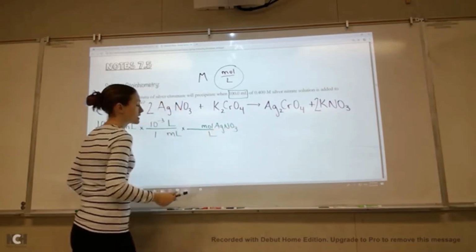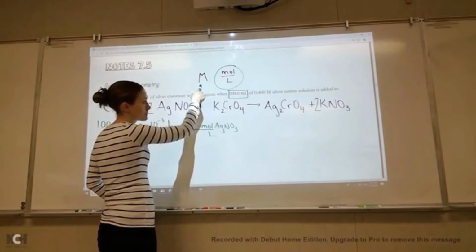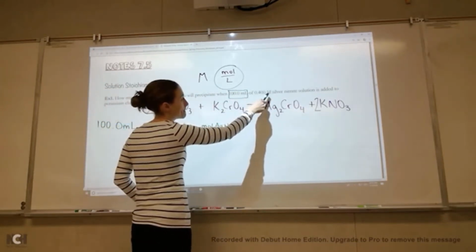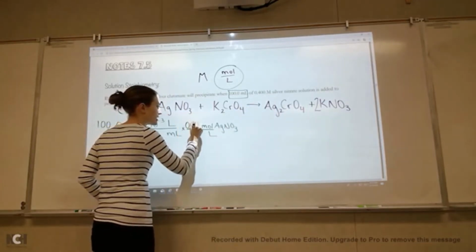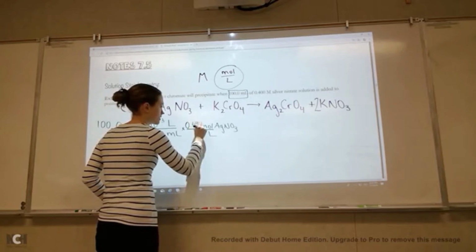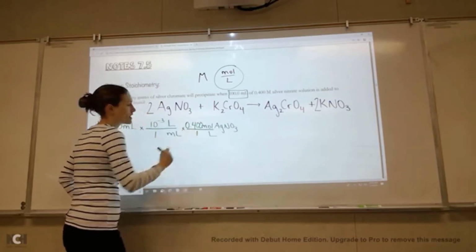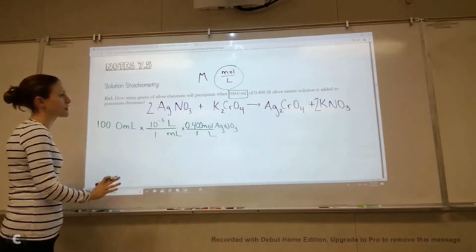Now the way that I do that, if you look, moles per liter, that is my concentration, that's my molarity. So since I'm told that I have 0.400 molar of silver nitrate, I can just put that concentration here. So 0.400 moles for every 1 liter. So now that I've used that conversion, I'm now in moles of silver nitrate.